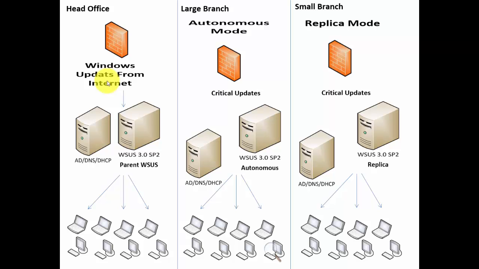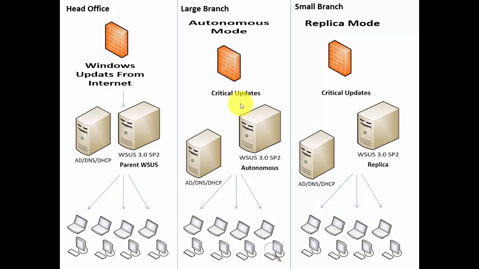So you cannot just do Windows updates. You cannot ask the autonomous mode servers with a huge amount of updates to be deployed. You cannot expect these servers to get all the updates from the parent server through the WAN. So autonomous mode just means that the WSUS servers in autonomous mode are allowed to connect to the internet and download all the updates, but send the reports still to the parent WSUS server.